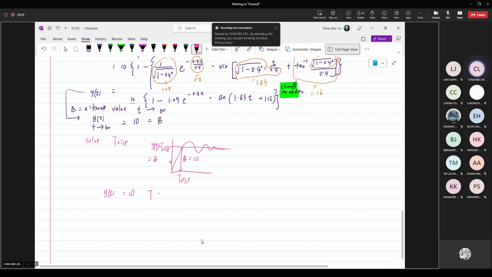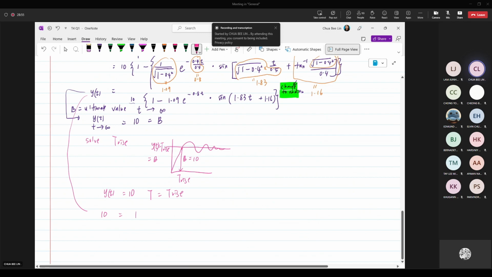When t equals to t rise. So this will be 10 equals to 10, copy the whole thing again, 1.09 e negative 0.8 t, then multiply with sine 1.83 t plus 1.16.